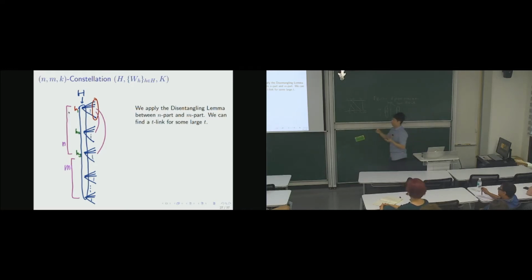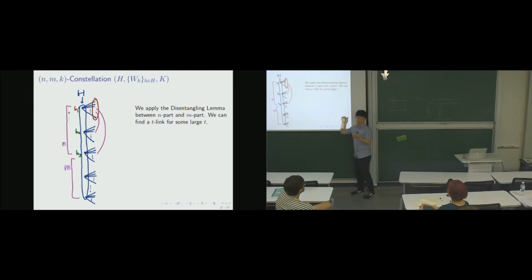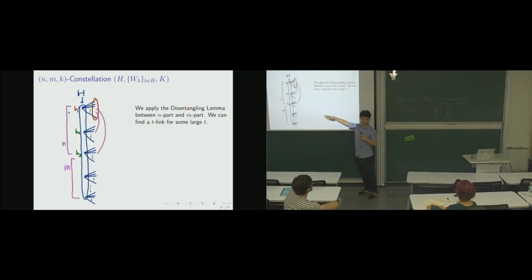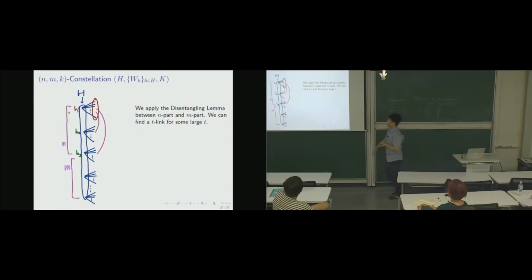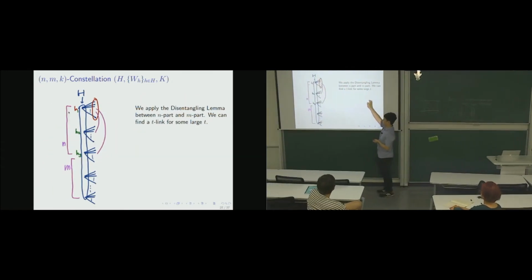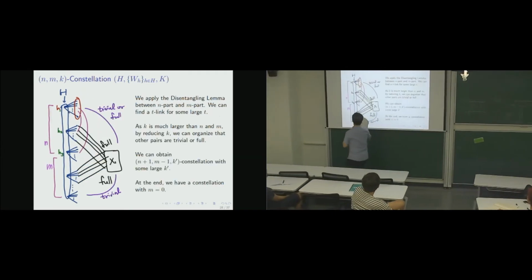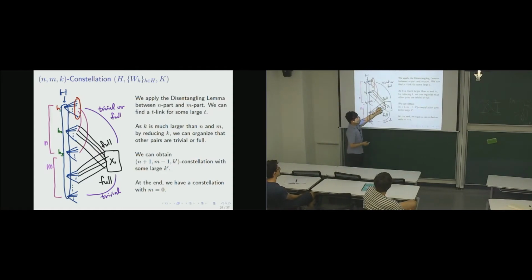Here the stars are huge themselves. So if you partition into two parts, then both parts are large, so connectivity should be large. So we can apply this disentangling lemma, and then this gives some xi between these guys. So this is some T-link for some large T.